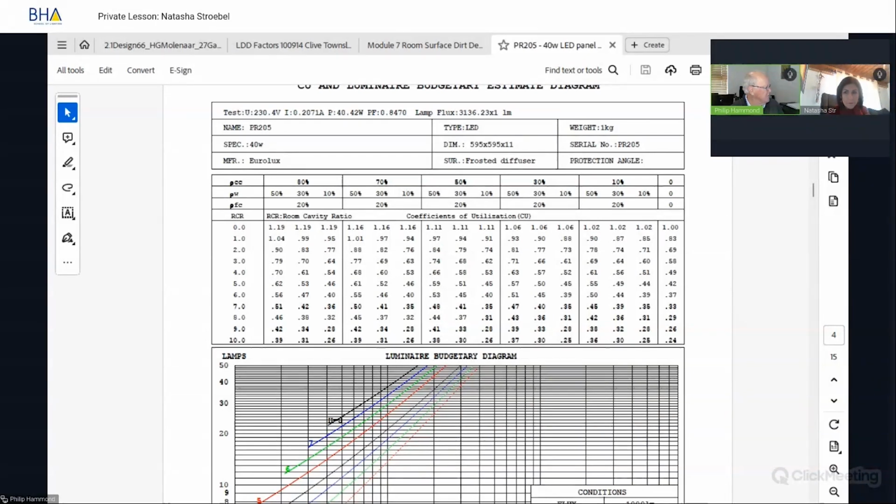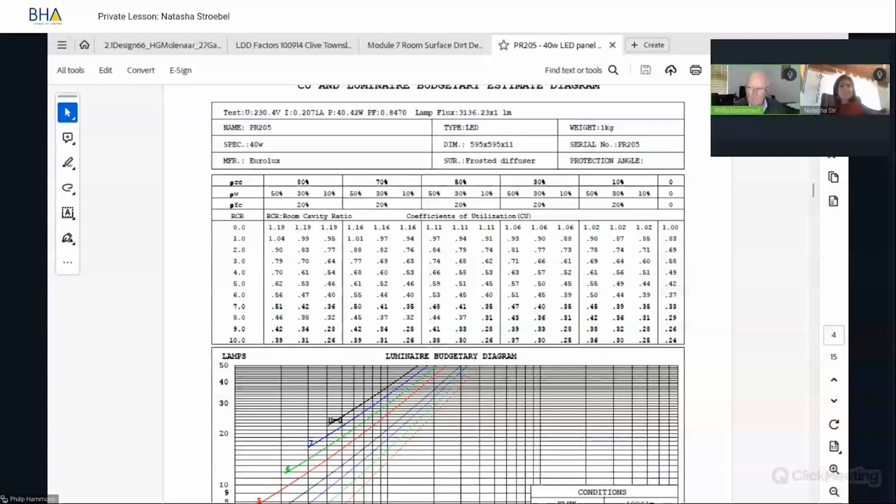And then you have various different columns here, and they depend on the reflectances in the room. So the reflectances that you have is 80% comes off the ceiling, 50% off the walls, and 20% off the floor. Or it could be 80%, 50%, 20%.